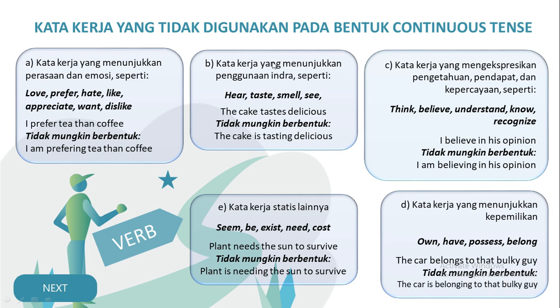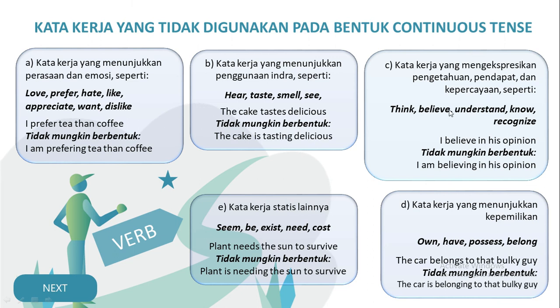Next, the verbs to show our senses. For example, hear, taste, smell, and see. We can say the cake tastes delicious, but you cannot say the cake is tasting delicious. It is wrong. And the verbs to express knowledge, opinion, or trust.